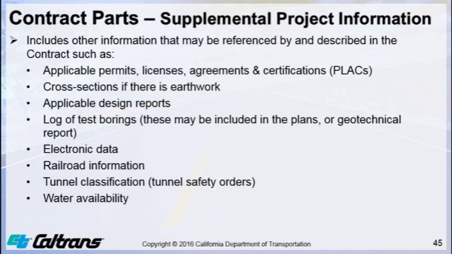It may also include electronic data such as 3D models, digital terrain models, and digital design models that are necessary for automated machine guidance and intelligent compaction, railroad information, tunnel classification, the tunnel safety orders, and water availability.